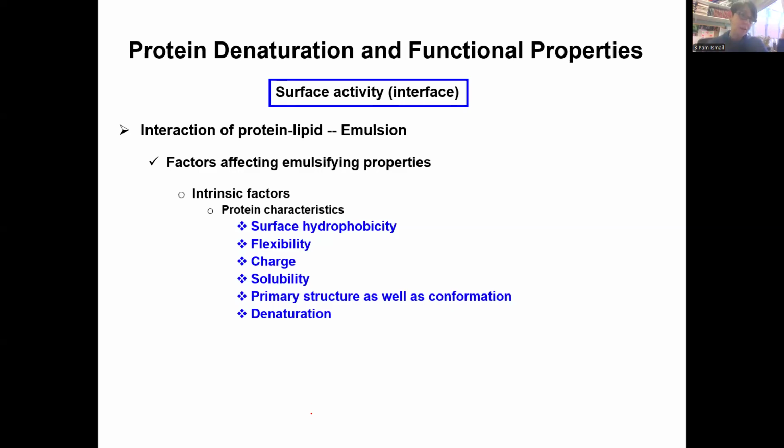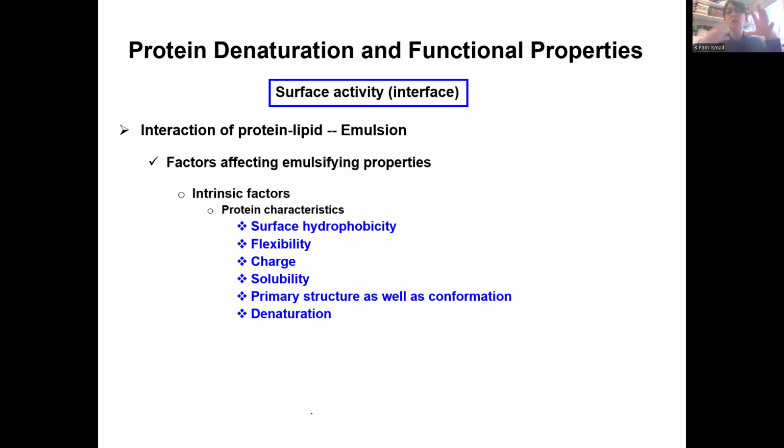No charge will form aggregates, so we need to find also where the protein carries sufficient charge to interact with the aqueous phase and also prevent droplets coming together due to attractive forces if you don't have enough charge, and also causing coalescence and phase separation.